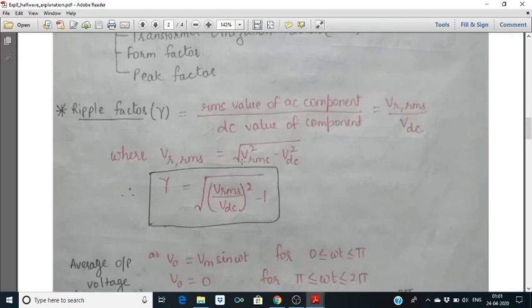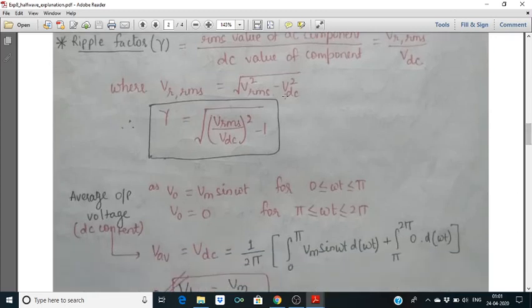In this case, Vr RMS, that is RMS value of ripple, is equal to the square root of Vrms squared minus Vdc squared. So the formula for ripple factor is square root of (Vrms upon Vdc) squared minus 1.